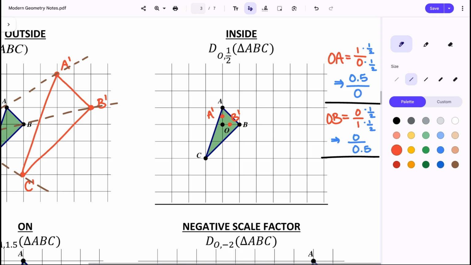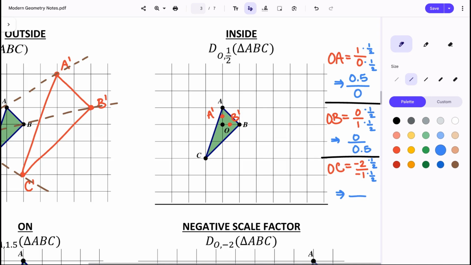How about O to C? Very good. -2, -1. You're going down and left, so they should both be negative numbers. If you take those both times a half, what's my new slope? 1 over 0.5.